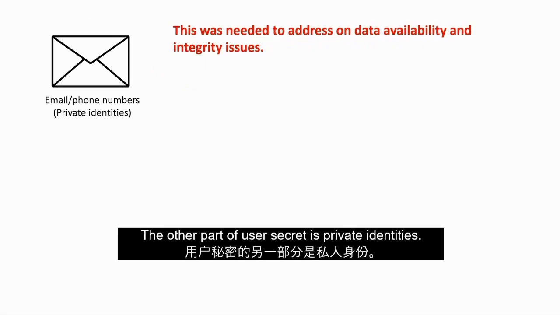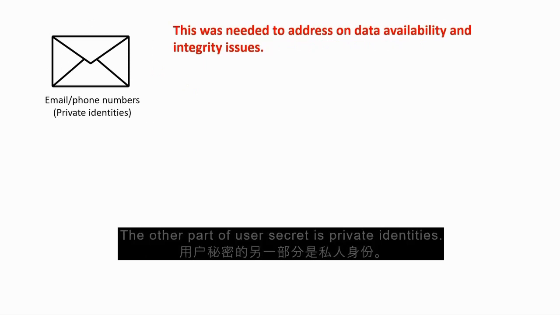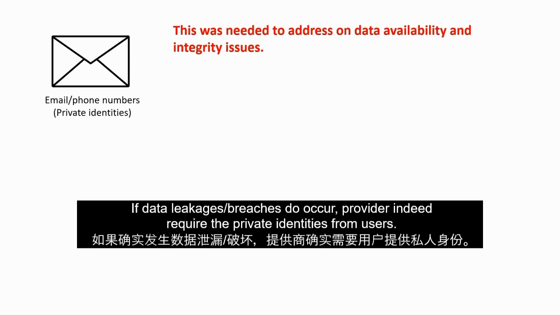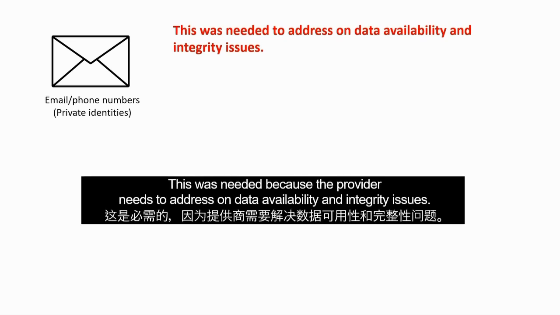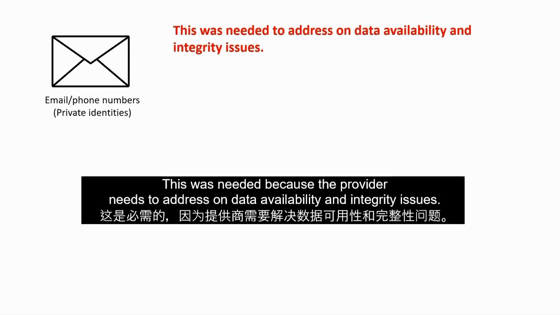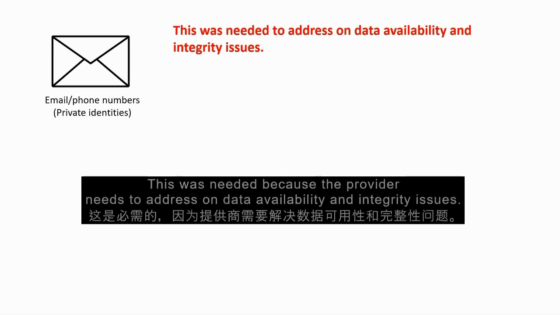The other part of user secret is private identities. If data leakages or breaches occur, providers indeed require the private identities from users. This is needed because the provider needs to address data availability and integrity issues.